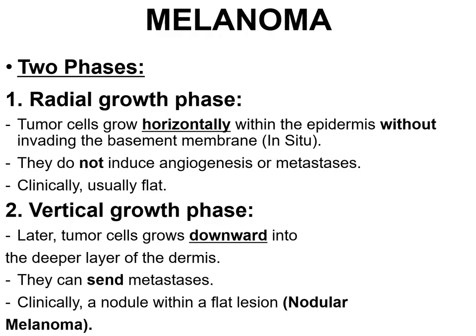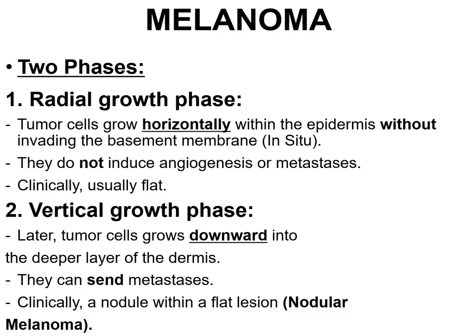Clinically, it is a nodule, a nodule within a flat lesion. It starts as a radial pattern, with the malignant melanoma cells spreading horizontally, then extending to the dermis and making a nodule. So it starts as a macule, then forms a nodule.